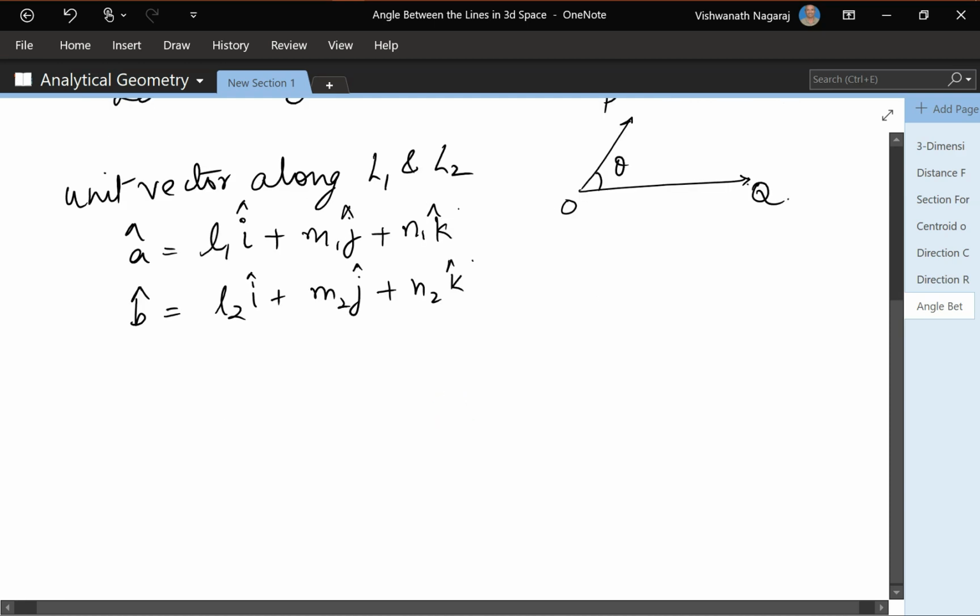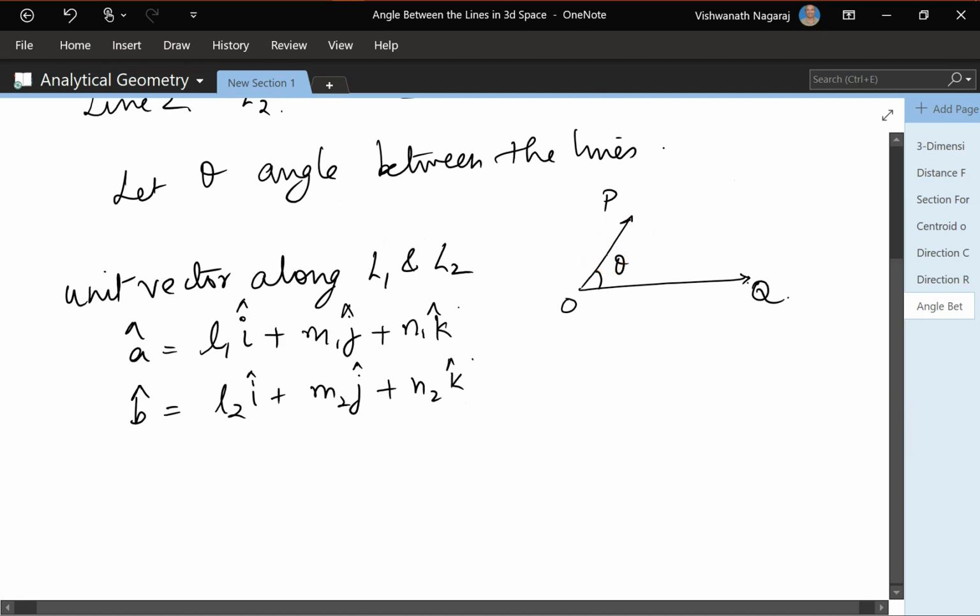Now remember, to find the angle we require a triangle. So let's add this line. Now this line is going to be OQ minus OP.